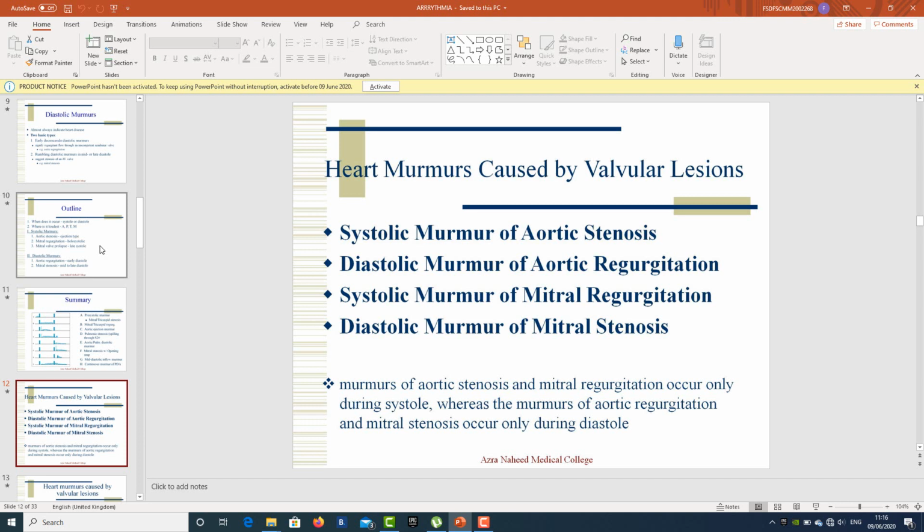The murmurs of aortic stenosis and mitral regurgitation occur only during systole, whereas the murmurs of aortic regurgitation and mitral stenosis occur only during diastole. So these two systolic and two diastolic types of murmurs related to the aortic and mitral valves are very important for all of you to learn.